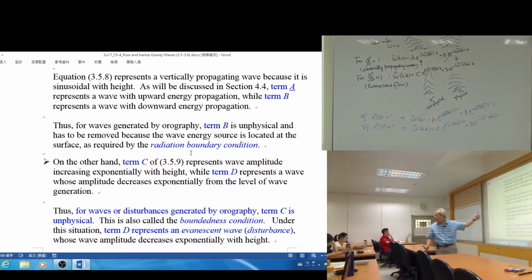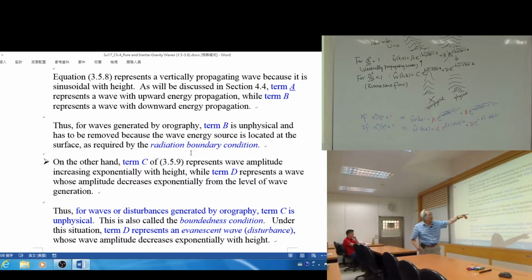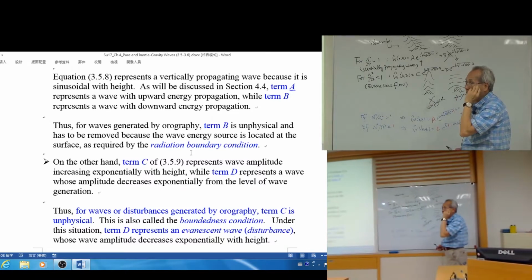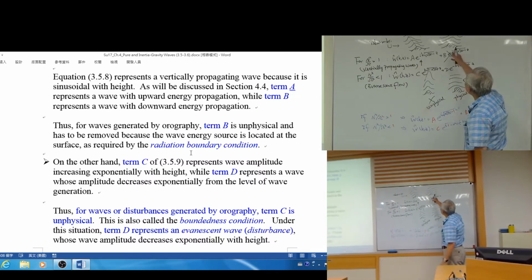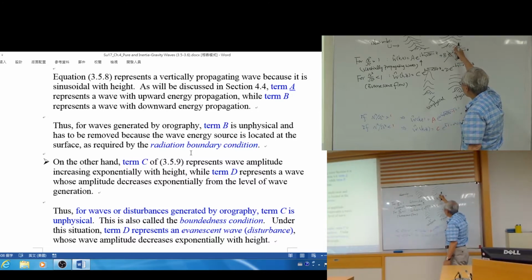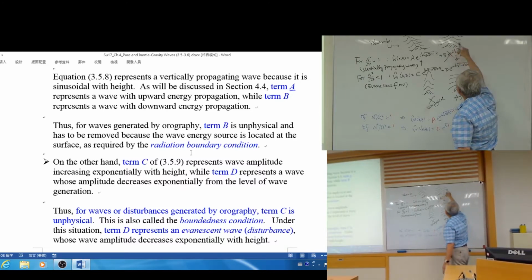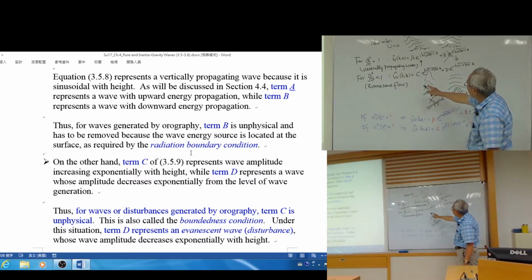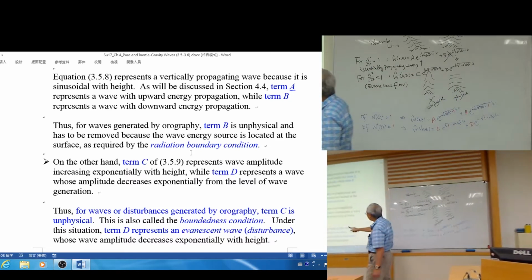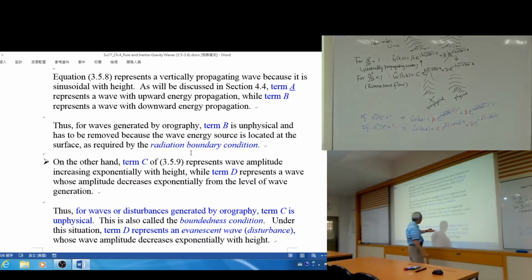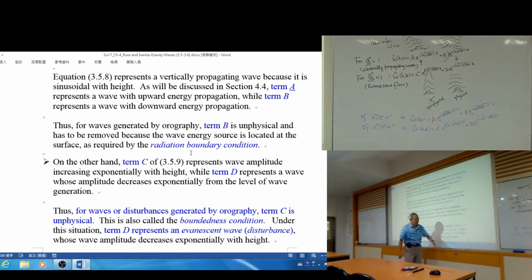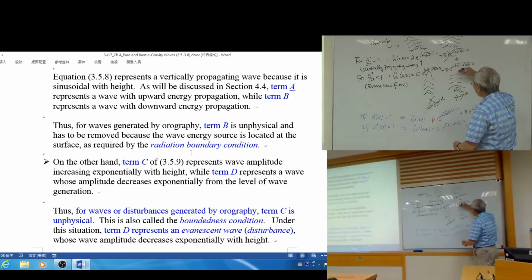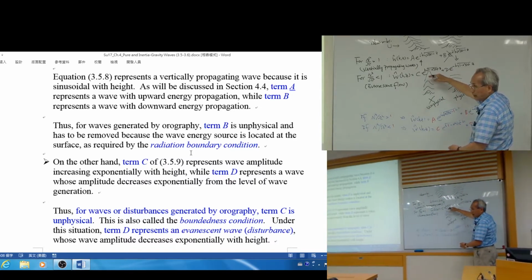So that determines that we choose this term. And this term for flow over mountains is unphysical because it requires energy on top, but our energy source is the mountain. And this boundary condition is called the boundedness condition, because this will eventually give minimal disturbance at the top, whereas the other amplifies. So this is called a limit.